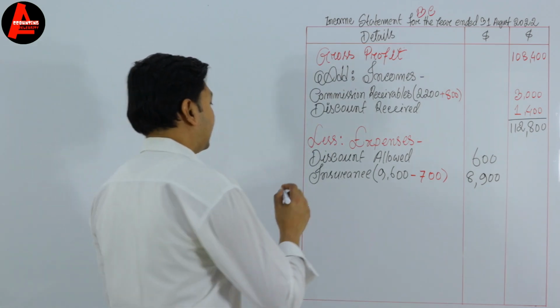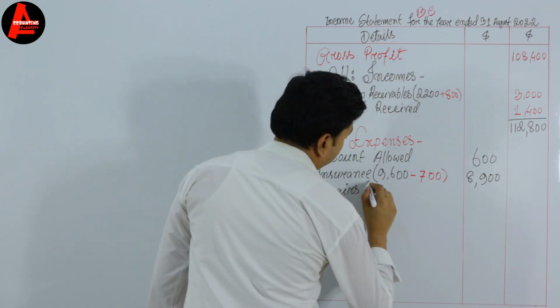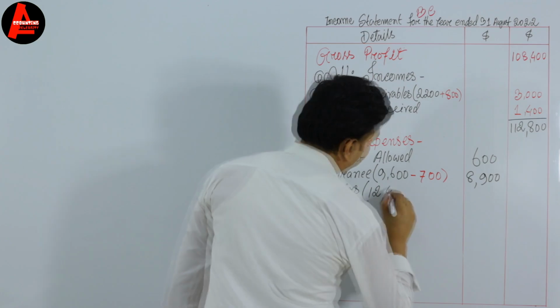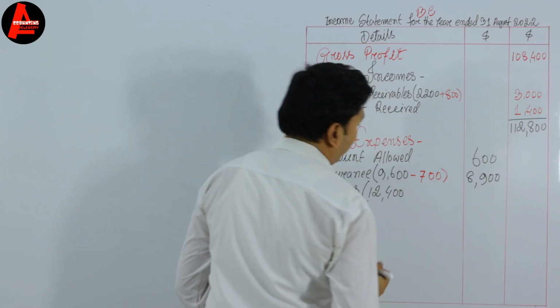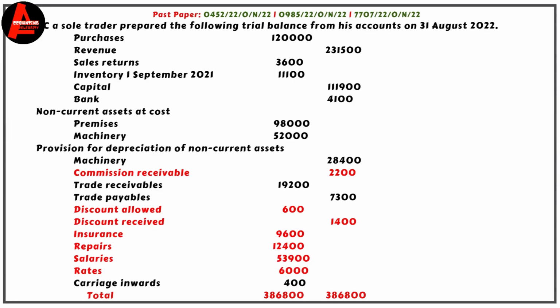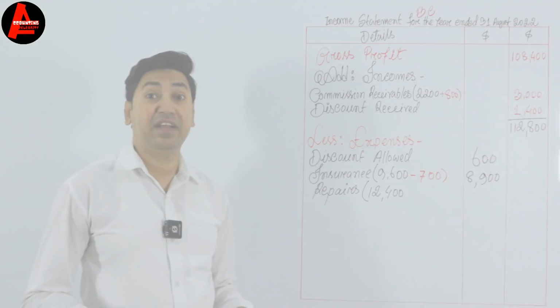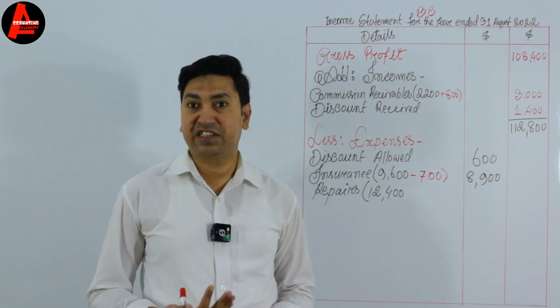Then we have repairs in the question, $12,400. Again we have an adjustment. Adjustment number 6: the repairs included $4,000 that related to a new attachment for machinery. So this expense is not related to repairs; it is actually capital expenditure.